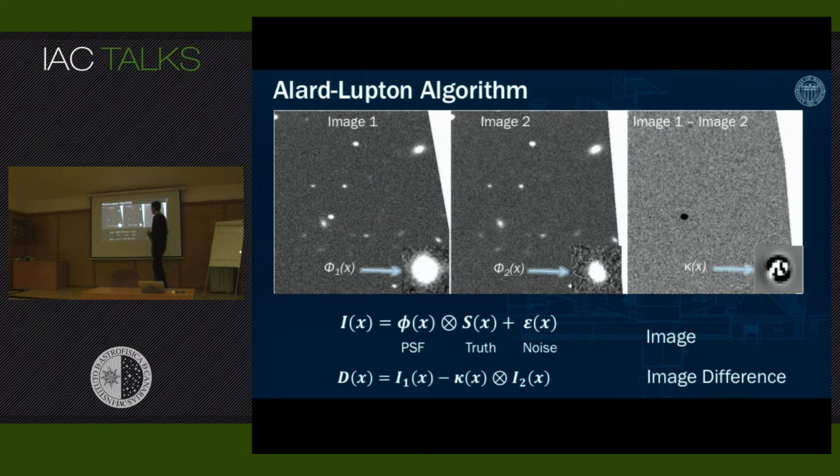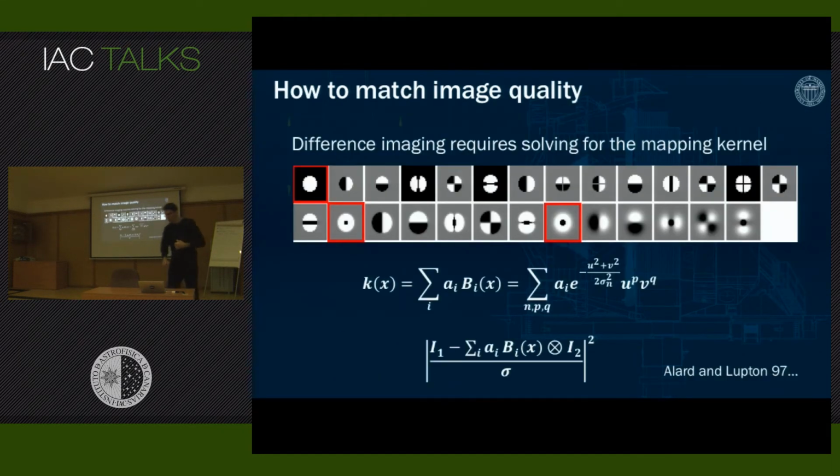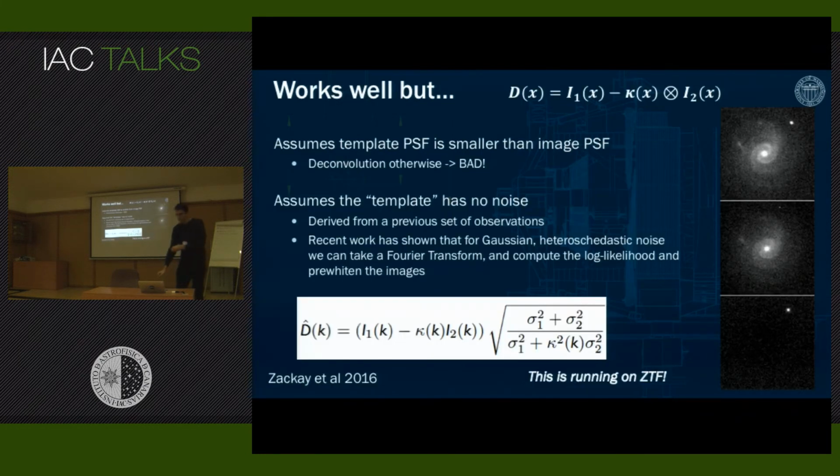And then any actual differences that remain are going to be due to real differences, real objects that have changed position or brightness. And there's an algorithm for how to find this convolution kernel kappa. Usually it's expressed in some kind of a Gaussian basis. I'm not going to go through all of that. And it generally works well.